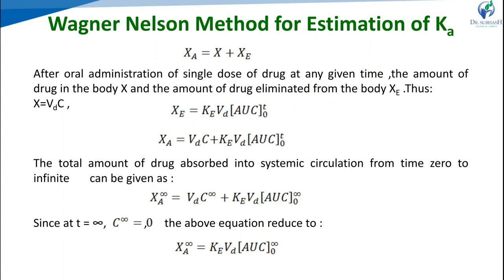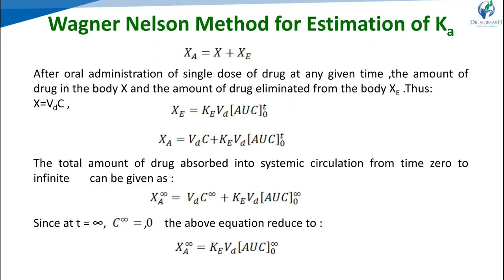Substituting that value into the first equation, Xa is equal to X plus Xe. We put X equal to Vd into C, and for Xe we put Ke into Vd AUC 0 to t. So the equation becomes Xa is equal to Vd into C plus Ke into Vd AUC 0 to t.